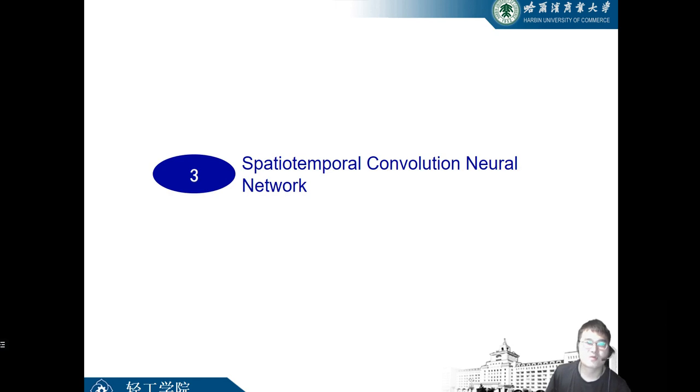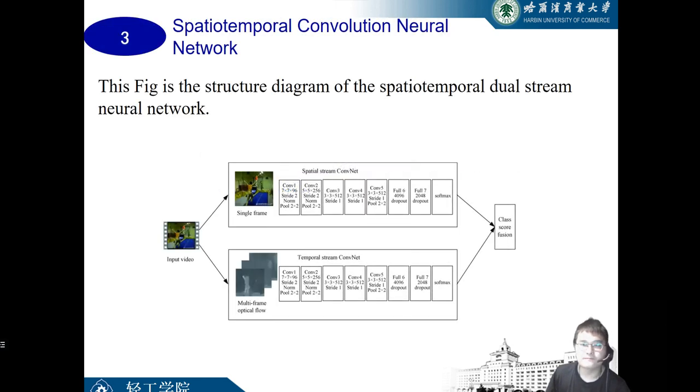This is part 3. When the spatial temporal during stream convolution network performs human body recognition, it will process the video data from two aspects. The one is the spatial dimension, which processes the human behavior information in a single frame.